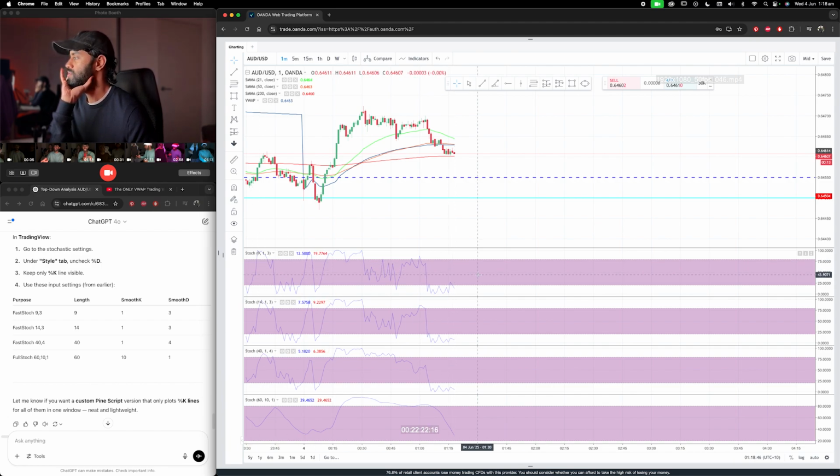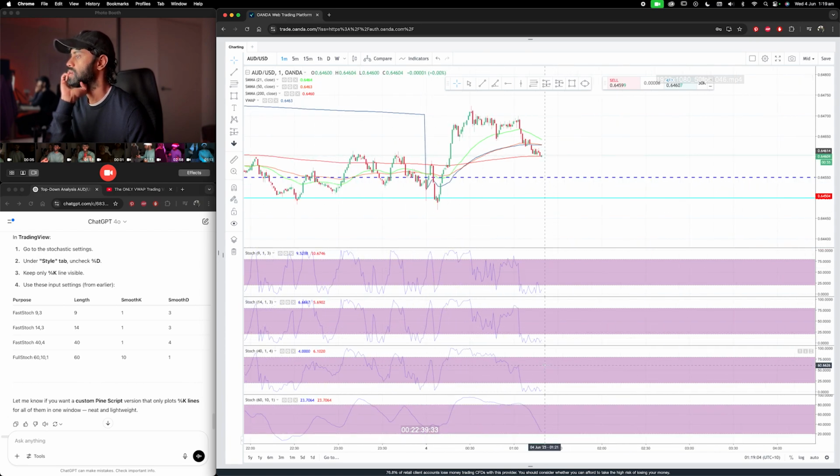Okay, in my previous video, I touched base on the quad rotation. Stochastics basically shows the momentum. So there's barely any momentum. Everyone's just getting rid of it. So as you can see, sell, sell, sell. It's going to come down to this part, and then it's going to pick up the momentum again.